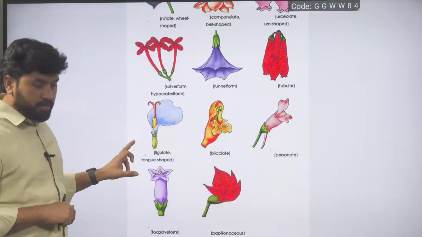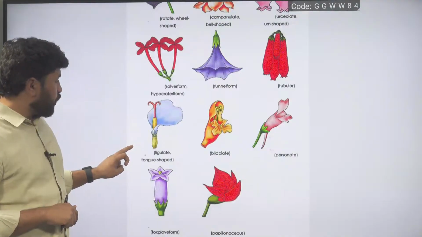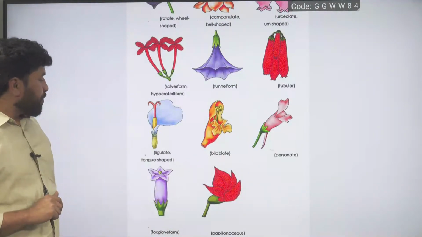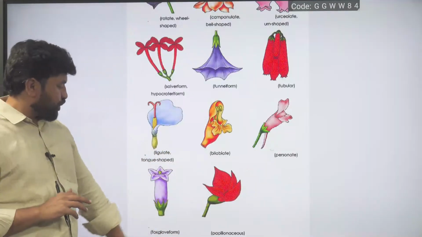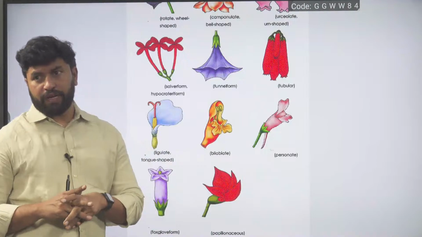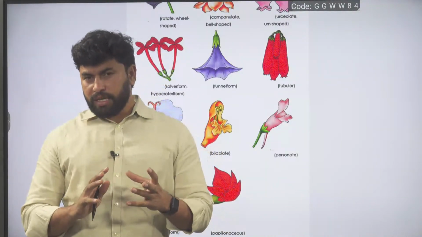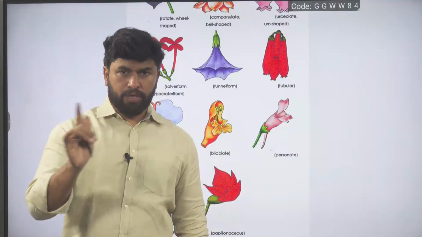Ligulate, this is sunflower. Ray florets of sunflower have ligulate, which means tongue shape. And you see here, there are so many varieties. Papilionaceous means butterfly. Altogether, you need not remember such things. When you need to remember, I will notify. This is the particular shape.